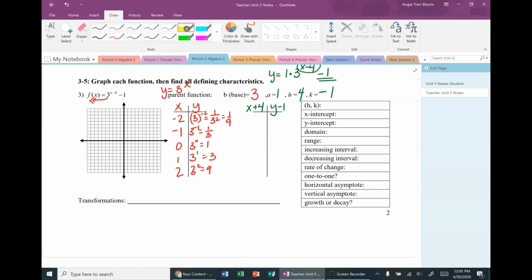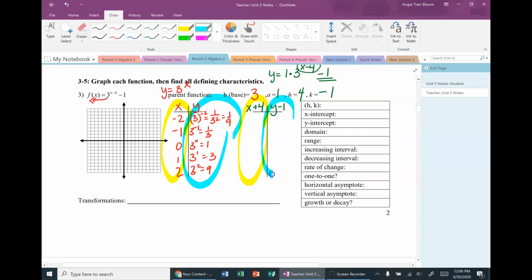So let's use all of the inputs and transform the inputs, and all of the outputs and transform the outputs. -2 plus 4 is 2, -1 plus 4 is 3, 0 plus 4 is 4, 1 plus 4 is 5, 2 plus 4 is 6. 1/9 minus 1 is -8/9, 1/3 minus 1 is -2/3, 1 minus 1 is 0, 3 minus 1 is 2, 9 minus 1 is 8. We do have enough to plot.